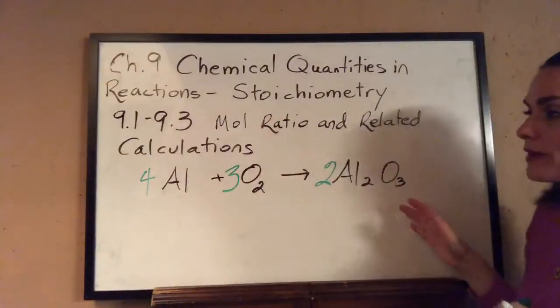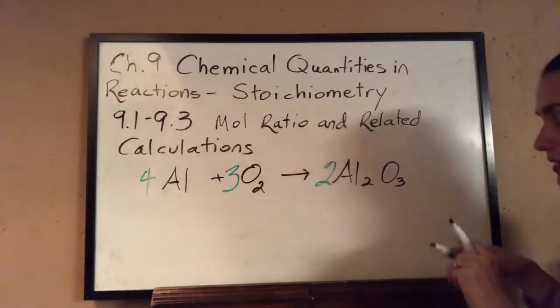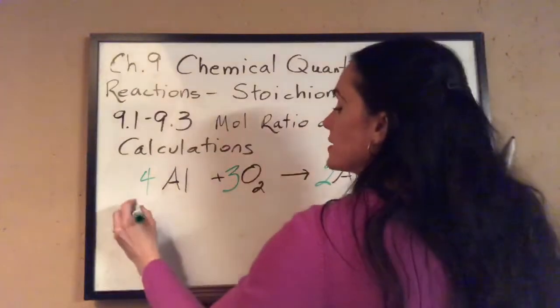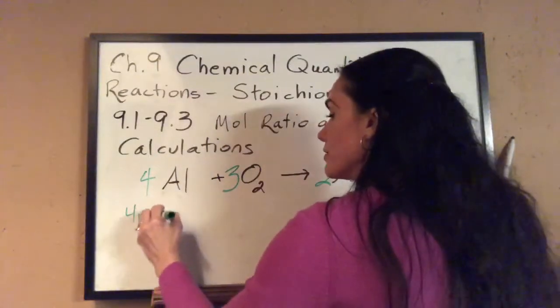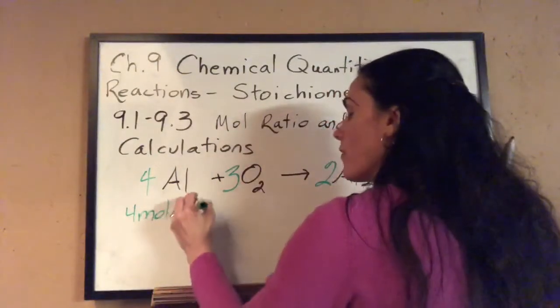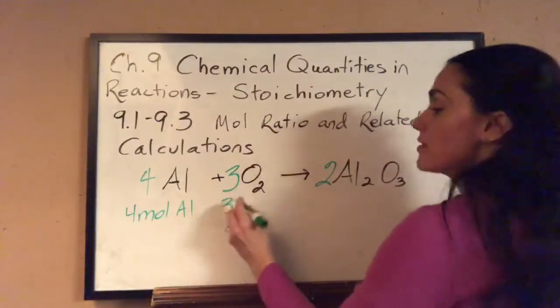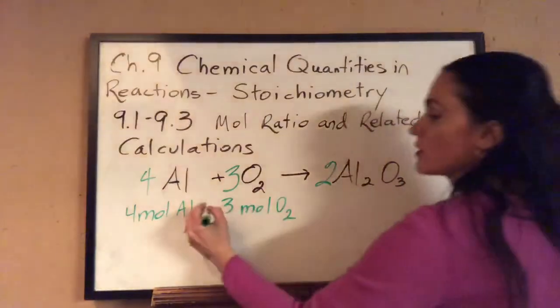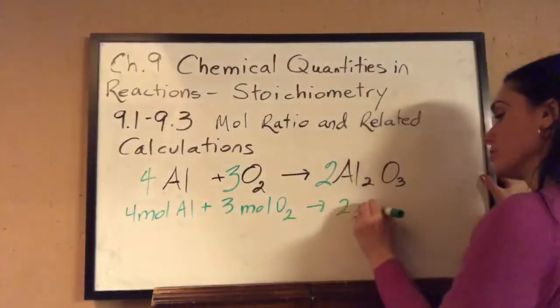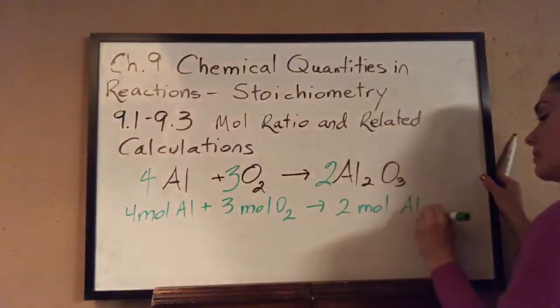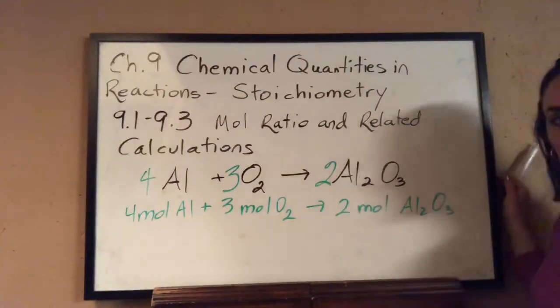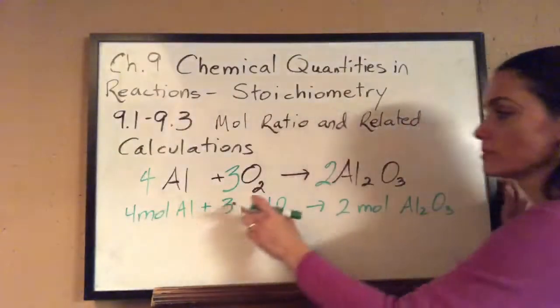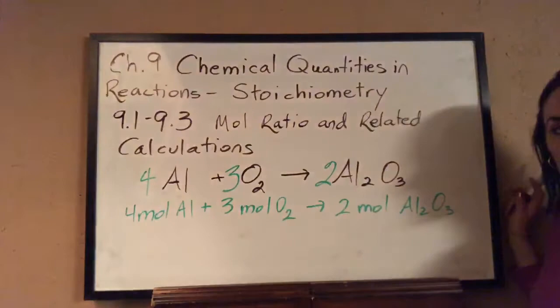Now what these coefficients in the balanced equation tell us is that if we have 4 moles of aluminum metal reacting with 3 moles of oxygen gas, we will produce 2 moles of the aluminum oxide. Okay. 4 moles, 3 moles plus 2 moles.